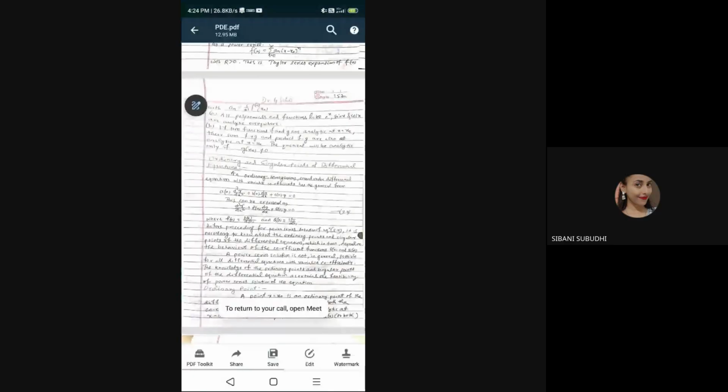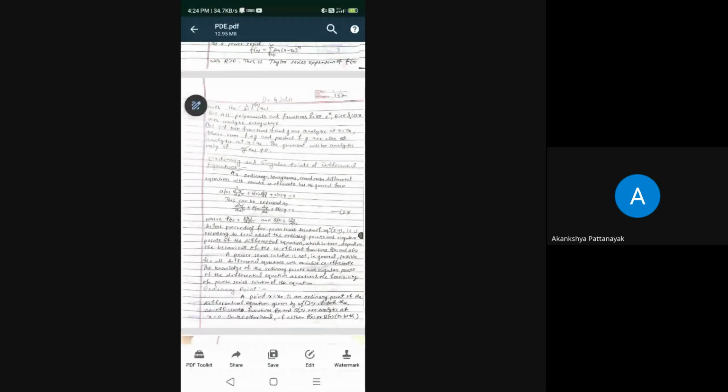An ordinary homogeneous differential equation with variable coefficients has the general form a(x) d square y by dx square plus b(x) dy by dx plus c(x) y is equal to 0.